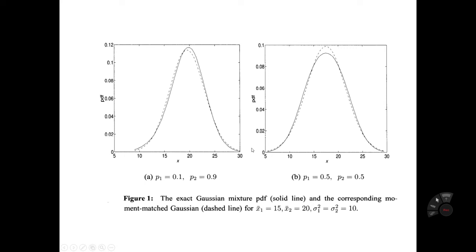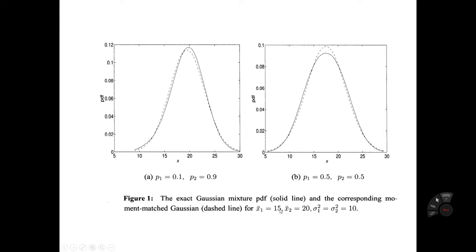So in this case, this is an example of the exact Gaussian mixture PDF. We must verify the exact match between the Gaussian mixture PDF and the corresponding moment matched Gaussian.